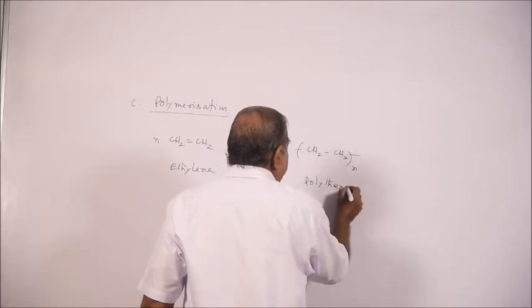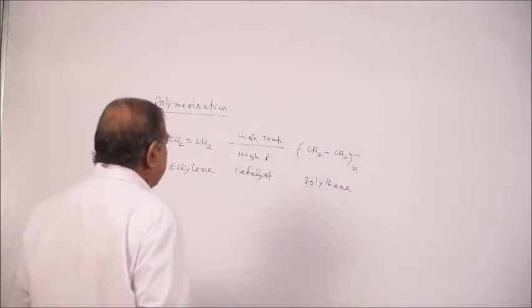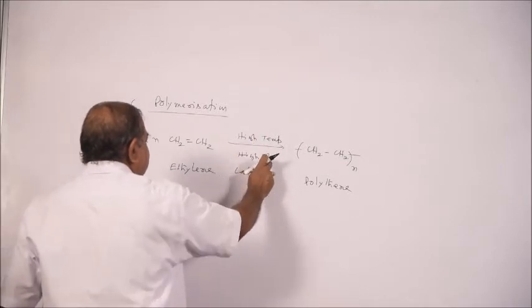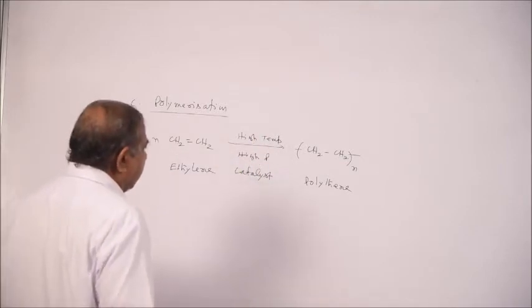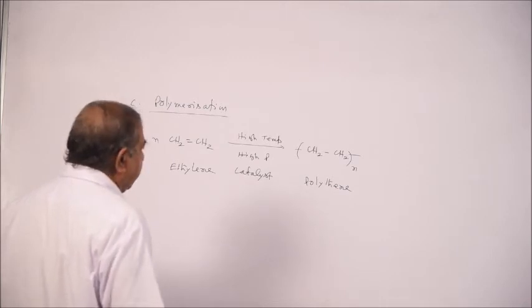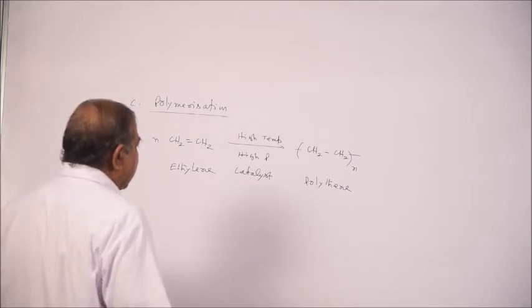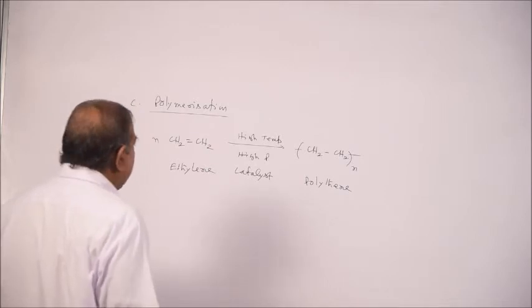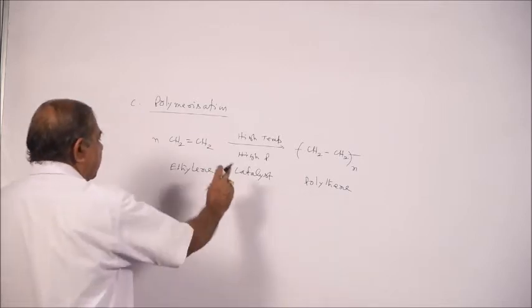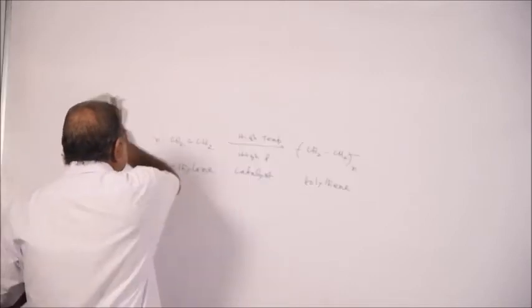The value of n, how many molecules will combine, depends upon temperature, pressure and catalyst used. So, alkene can be polymerized to form polyalkene under high temperature, high pressure in presence of a catalyst. How many molecules will combine depends upon temperature, pressure and catalyst.